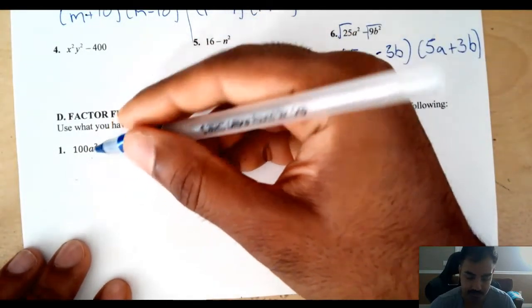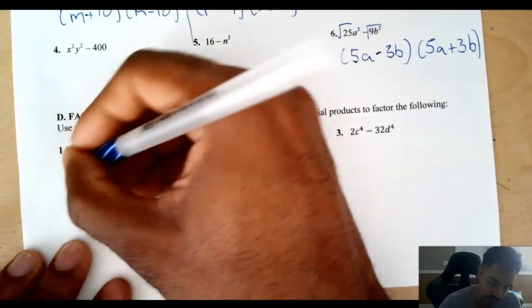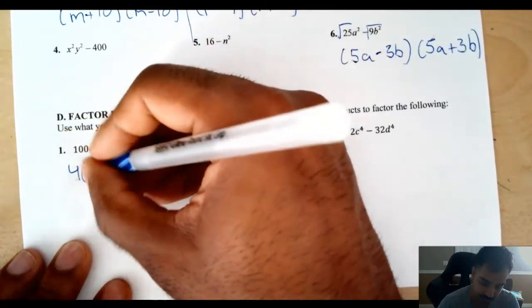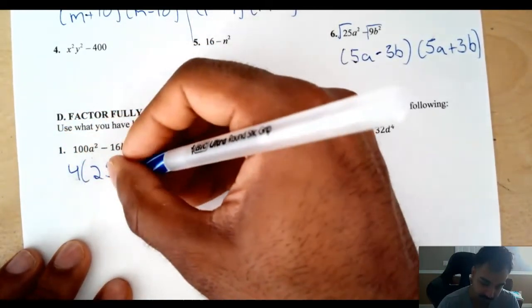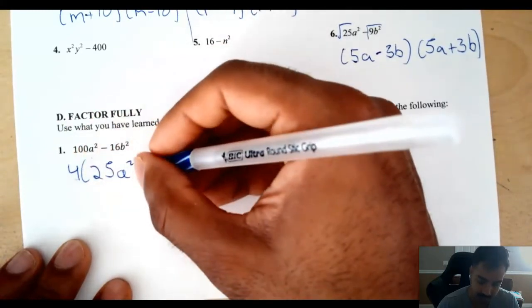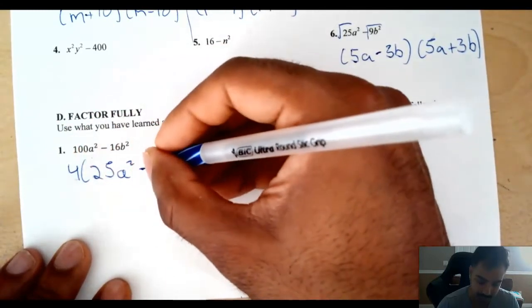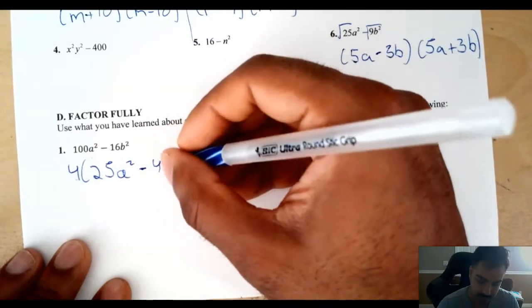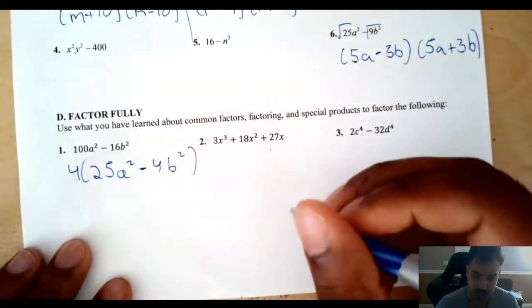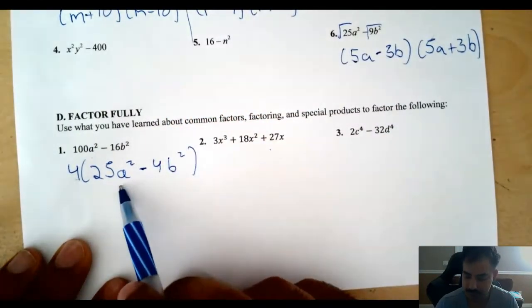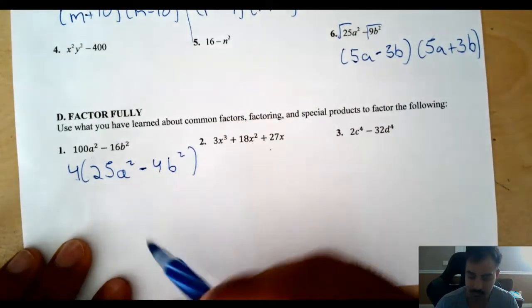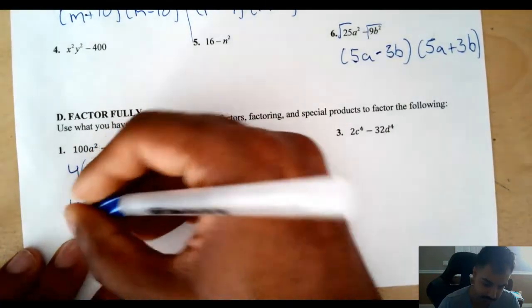So I know the biggest GCF is 4. So 4, and then we get 4 times 25a squared gives us that, and 4 times negative 4b squared. Okay, now we've got a perfect square and a perfect square. You can leave the 4 on the outside.